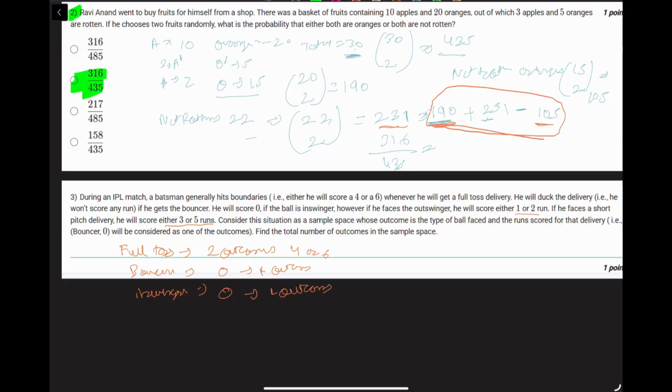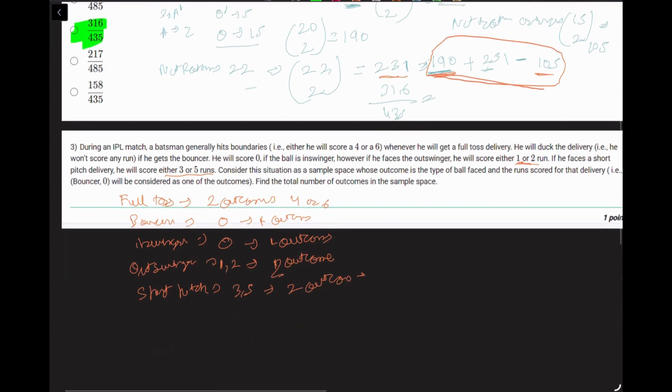In outswinger, it says he's going to score 1 or 2. So there are two outcomes. In short pitch, again, I don't know what that means, but I know he can score 3 or 5, which means again two outcomes. So each type of delivery and its possible run is one outcome.